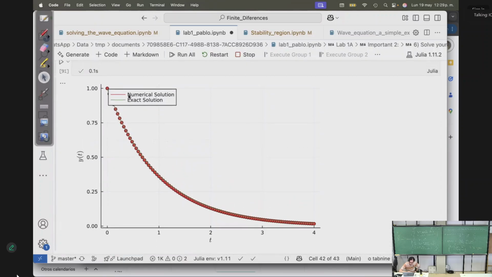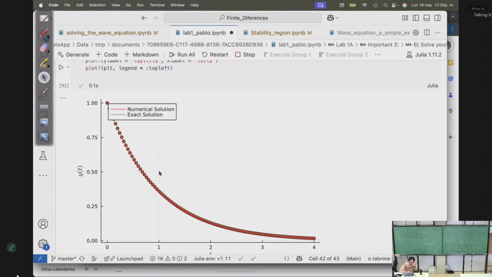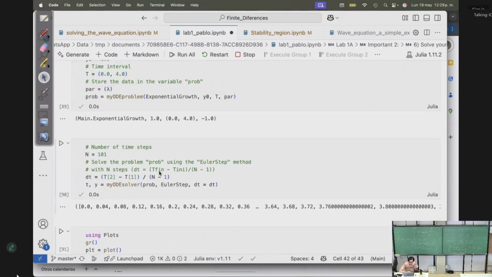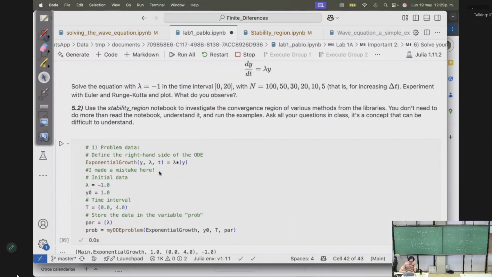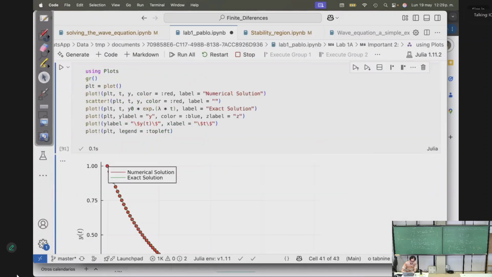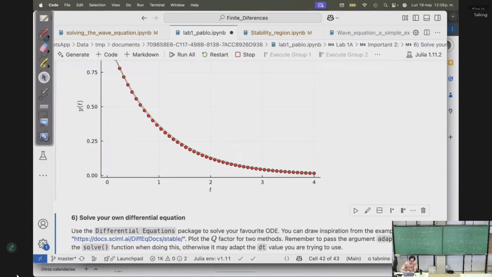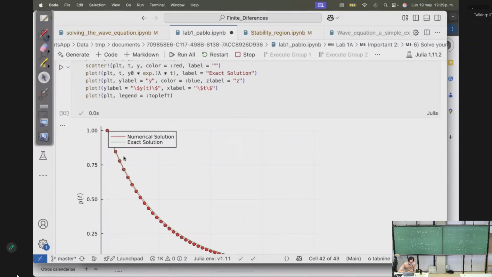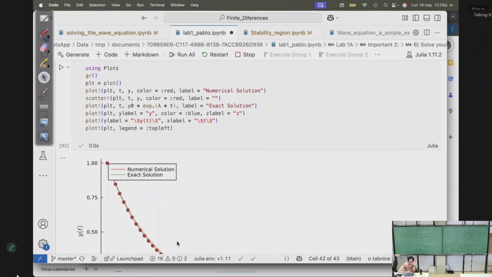The numerical solution is the red one, and the exact solution is the green one. Now we will try it with n equals 51, for example, and solve again, and we have a worse numerical solution, which we would expect because we have a larger value of delta t.